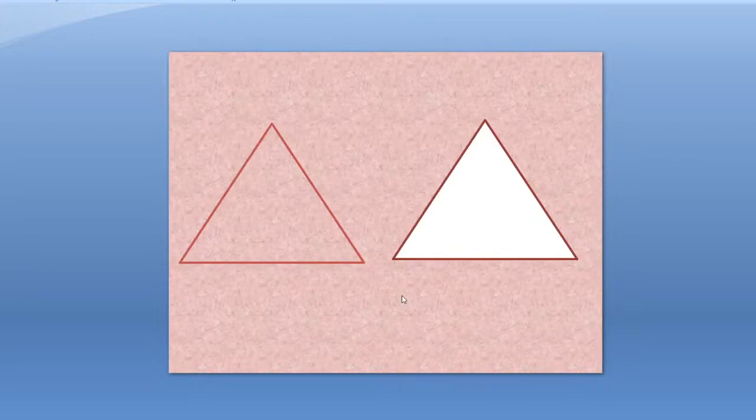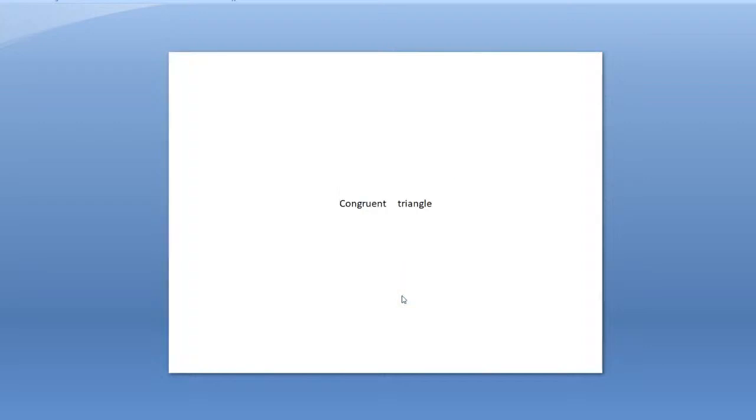And see here, these both are congruent triangles.